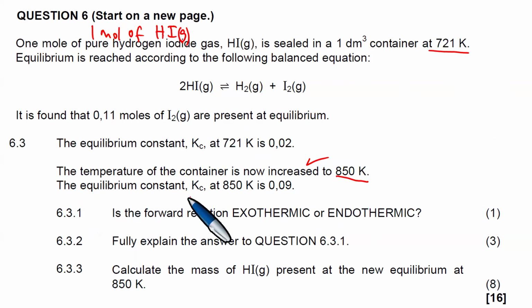The equilibrium constant Kc at 850 Kelvin is 0.09. What has happened to the Kc? Because at 721, it was 0.02. At 850, it is 0.09.